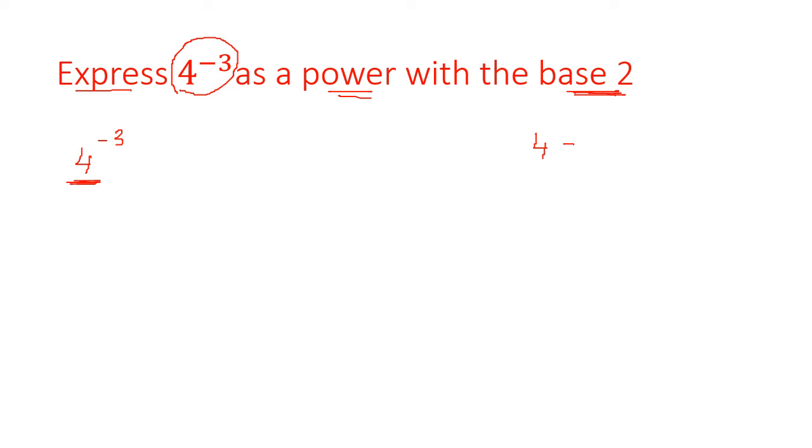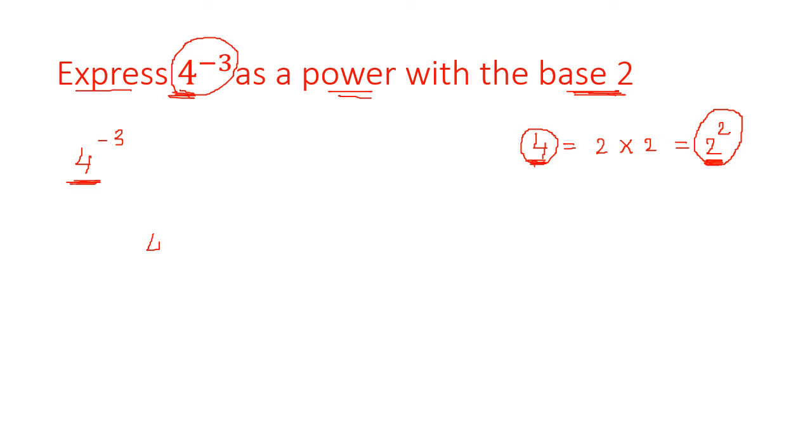Now what is 4? 4 is 2 into 2, that is 2 square. So I can write 4 as 2 square, means this number 4, I have made the base 2. This is how we change the number from one base to another. I can express 4 with base 2. How? 4 is two 2s, that is 2 square. So that is how we change the base.